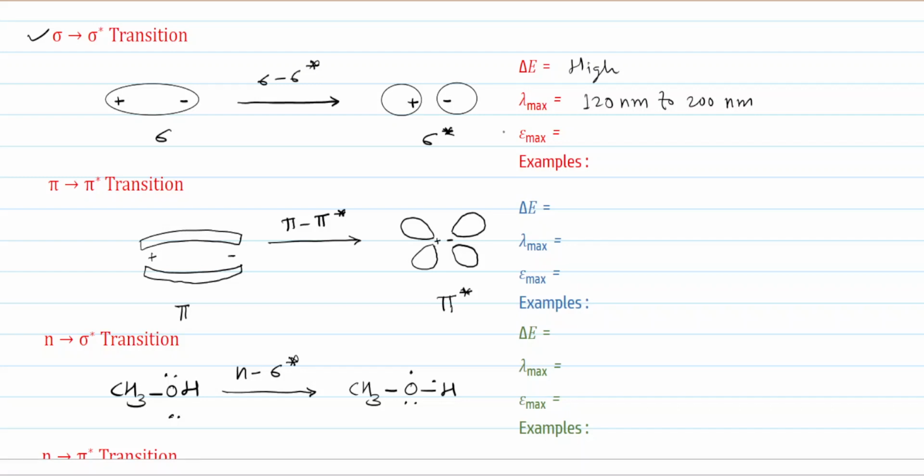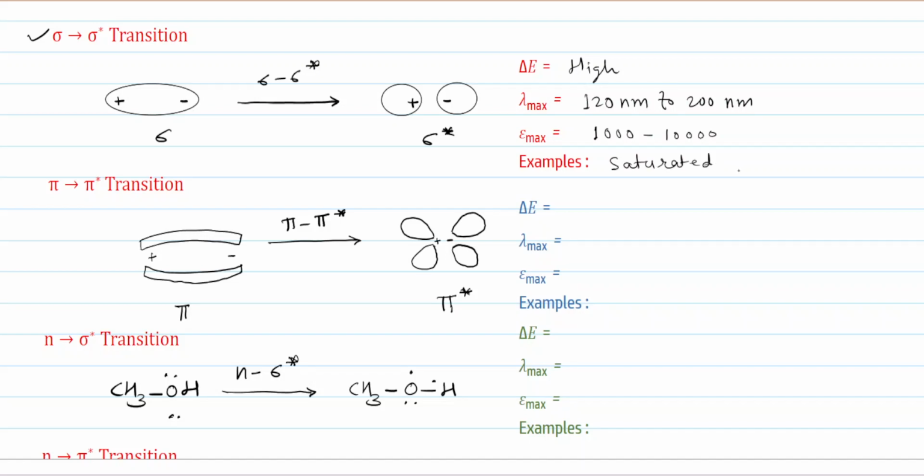Then for this transition, the epsilon max, that is molar absorptivity, is found to be 1000 up to 10,000.